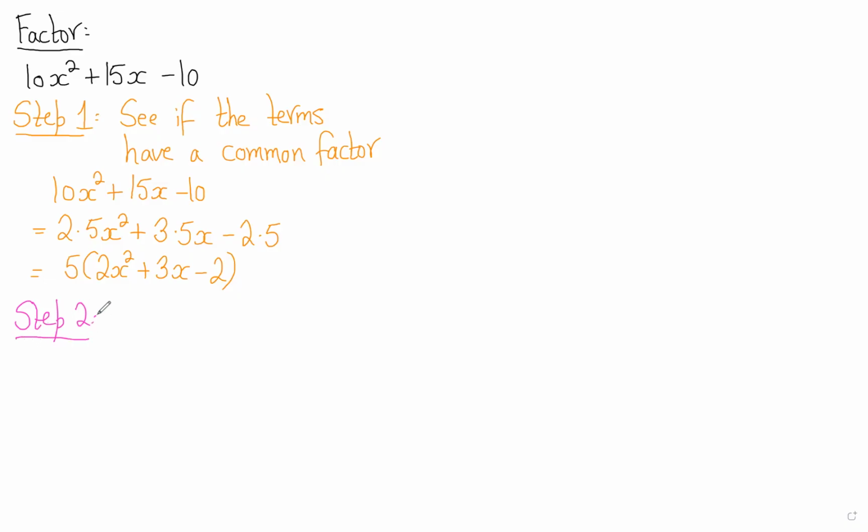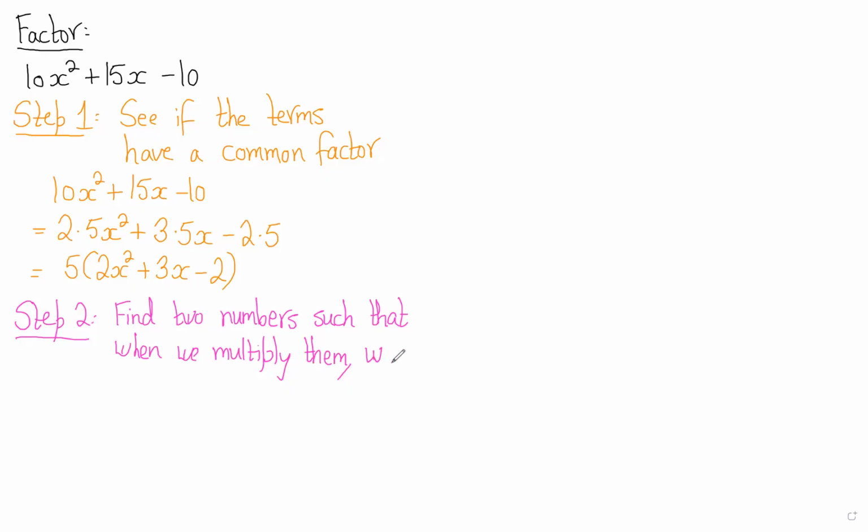Okay, so step 2 is going to be: find two numbers such that when we multiply them, we get A times C, right? But when we add them, we get B.